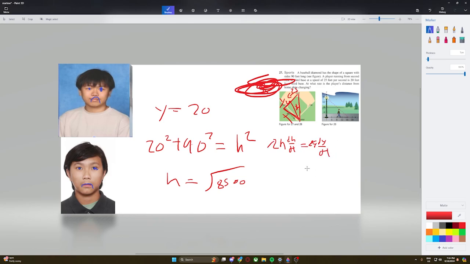Whoops, my bad, we want to find the change in the hypotenuse, so it should be dh/dt equals y over h times dy/dt.